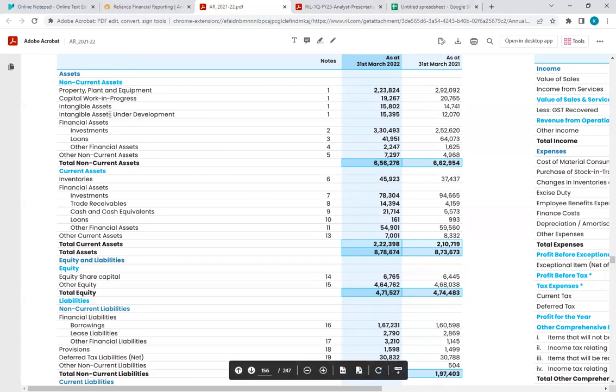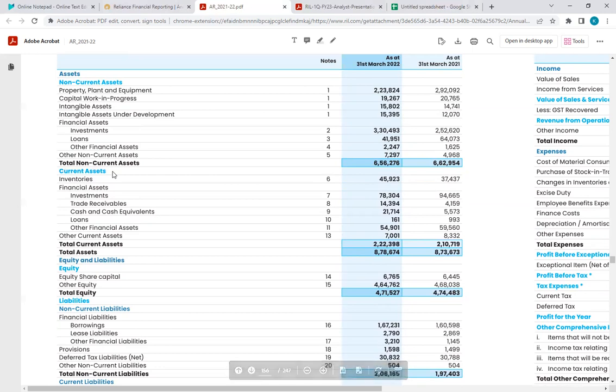Any asset mentioned under non-current cannot be converted into cash within 1 year. If an asset can be converted in less than 1 year, then it comes under current assets.